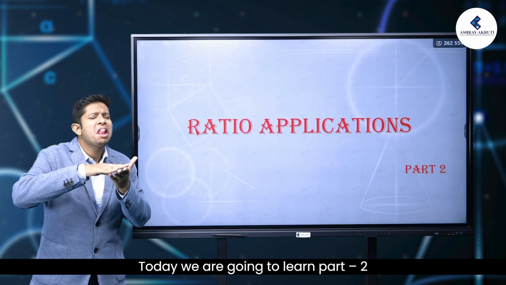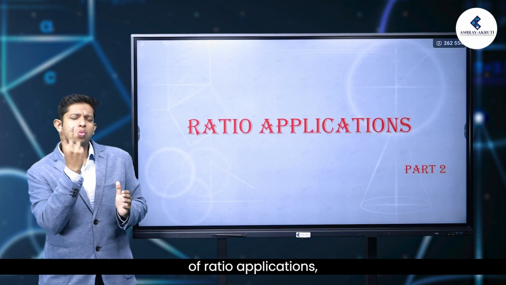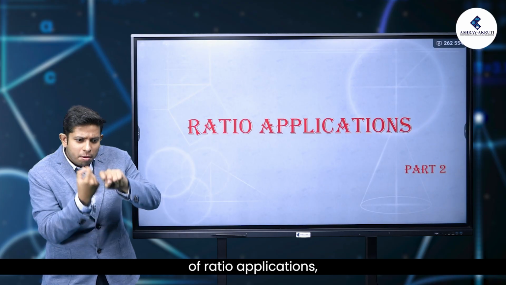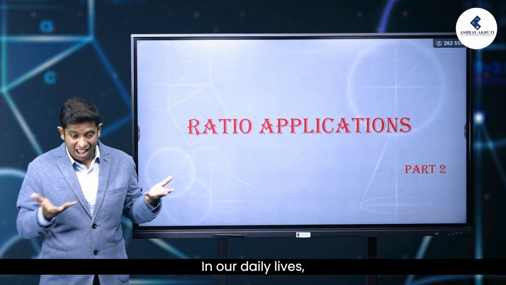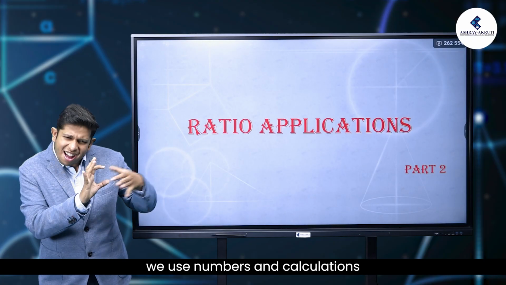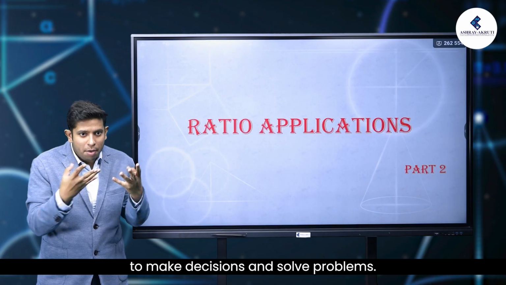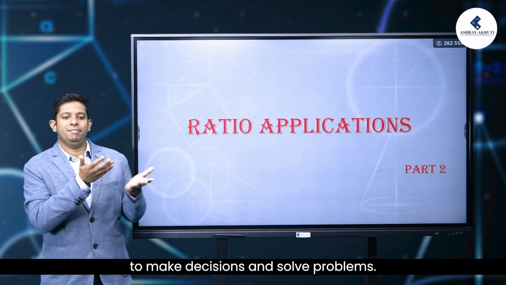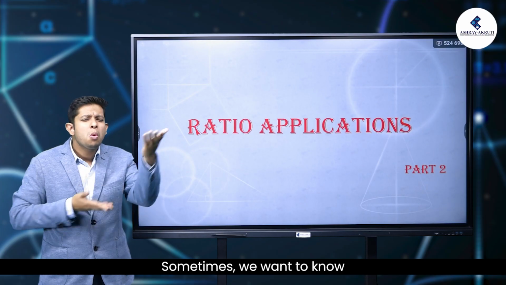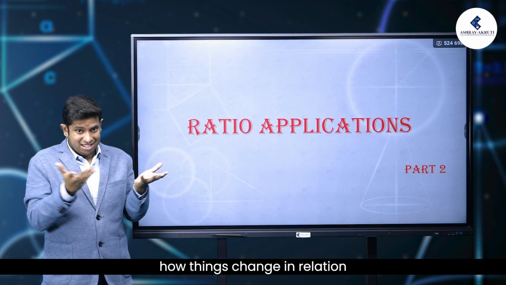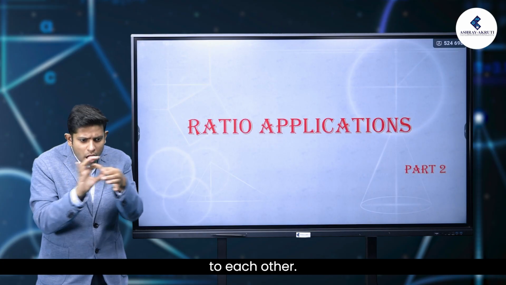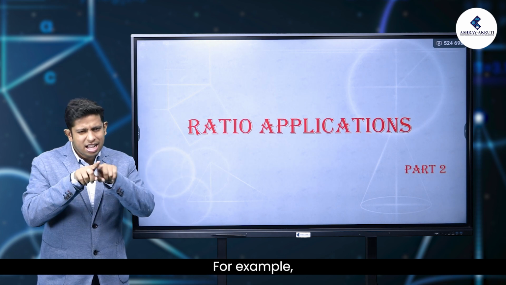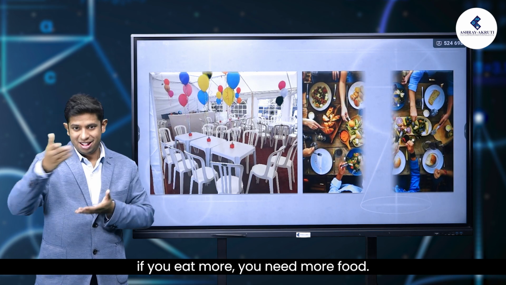Today we are going to learn part 2 of ratio applications. In our daily lives, we use numbers and calculations to make decisions and solve problems. Sometimes we want to know how things change in relation to each other. For example, if you eat more, you need more food.